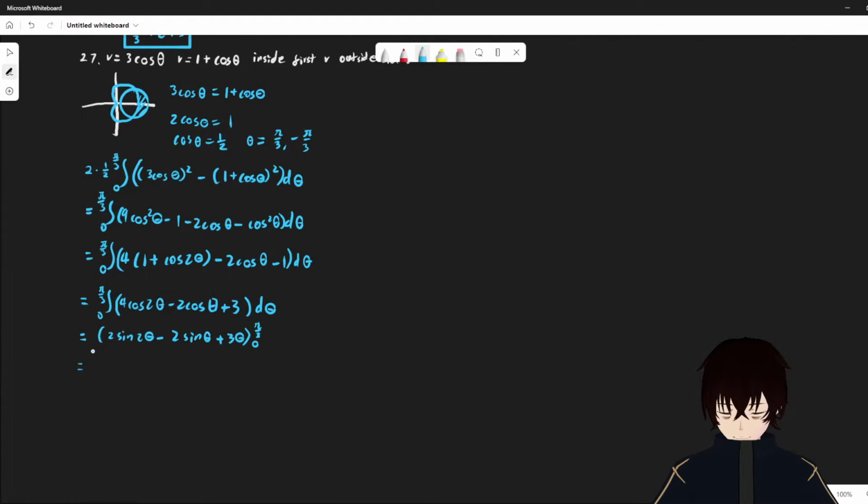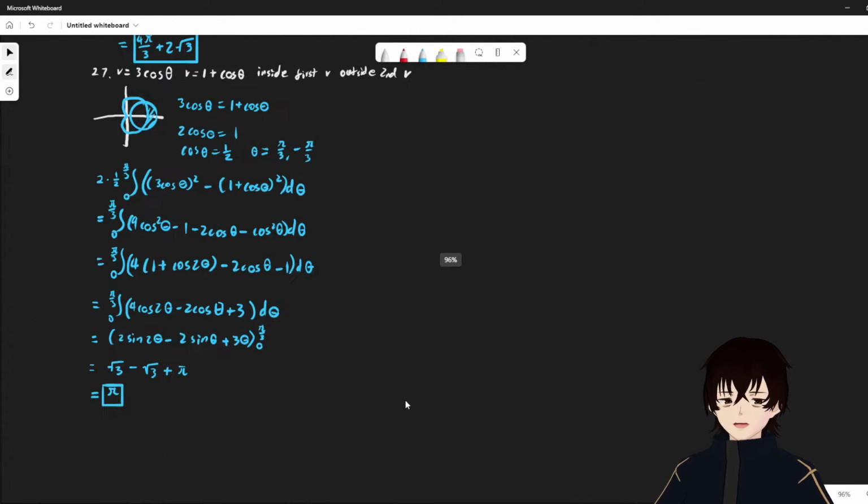Sine of 2 pi over 3 should be root 3 over 2. Yes, it is. Equals 2 times root 3 over 2. That's root 3, minus sine of pi over 3 should also be root 3 over 2. Right? Minus pi over 3 plus pi. Is our answer just pi? Can't be. Wait, it is! The answer is simply pi. There we go.